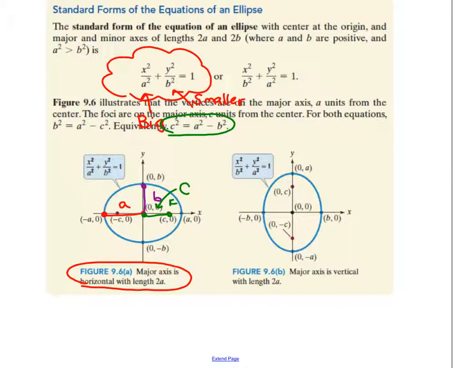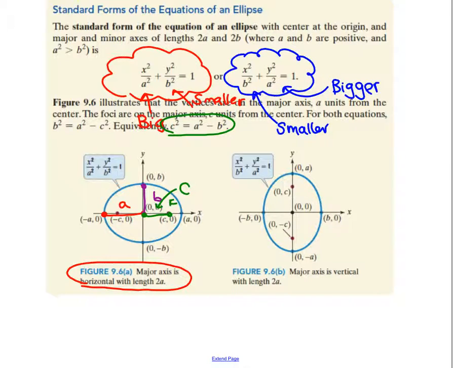Now, second equation, standard form equation. Is that this number is the smaller number, and that number is bigger. Then we're going to use this blue standard form equation. Notice that the a and b are in different places.